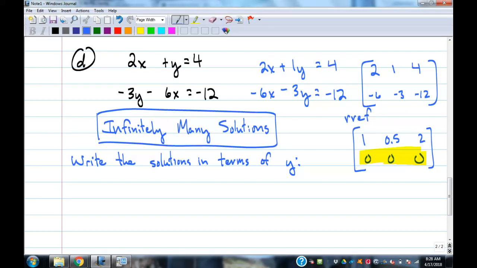So it comes back to this equation here. That equation up there is 1x plus 1/2 y equals 2. And I just changed it out of decimal form because I'd rather work with a fraction. If I'm going to write that in terms of y, that means I need to know what does x equal. How can I get x by itself? I need to subtract the 1/2 y.